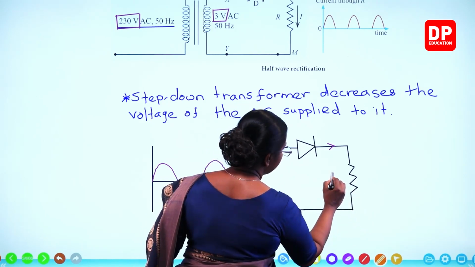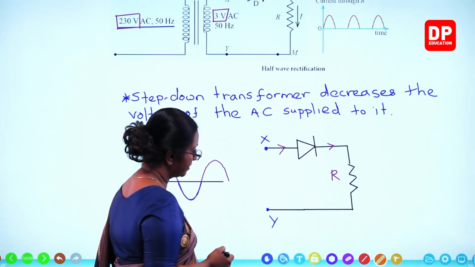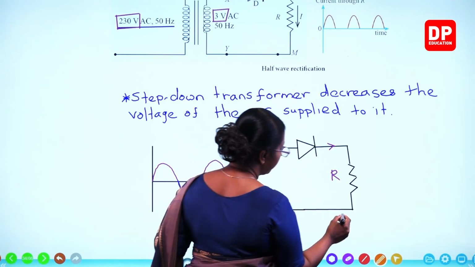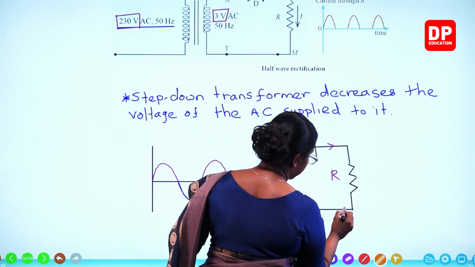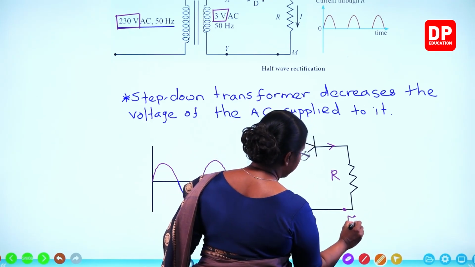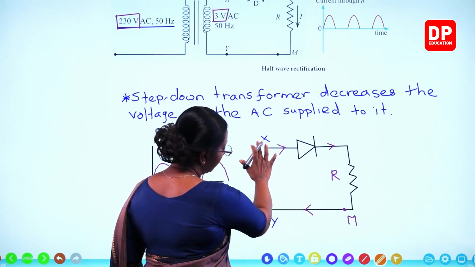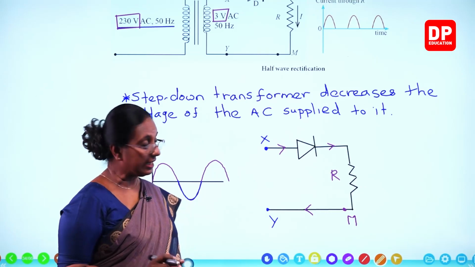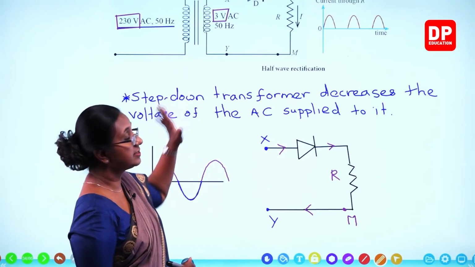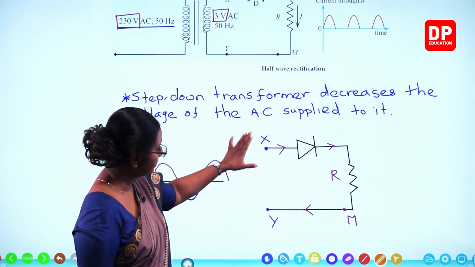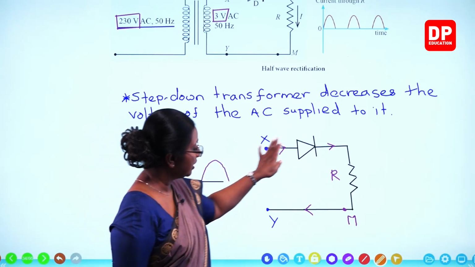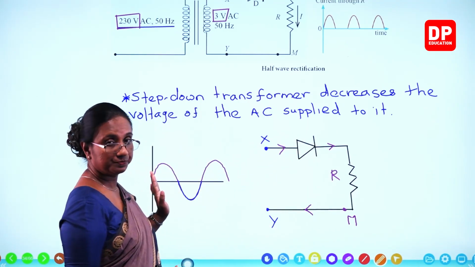Then we have the R, the resistance. And then we have point M, and to point Y. The current will flow. Now, although this circuit looks incomplete, you all know this part is there. We have the power supply, step down transformer. So, here the current will flow.